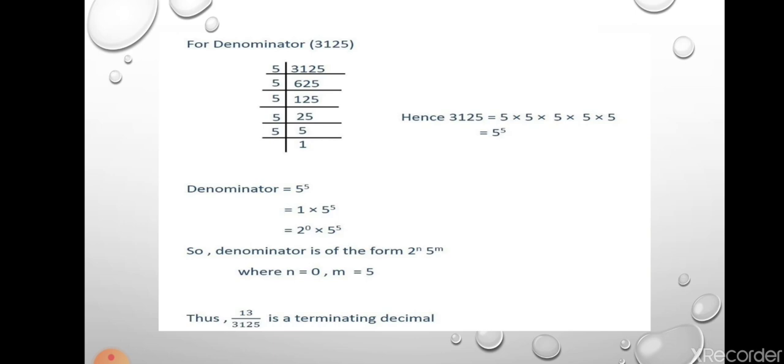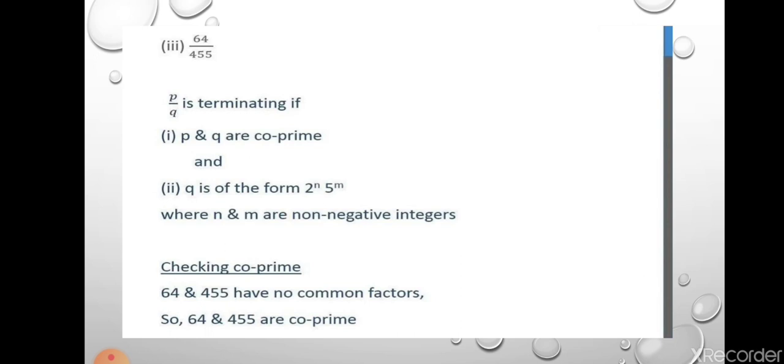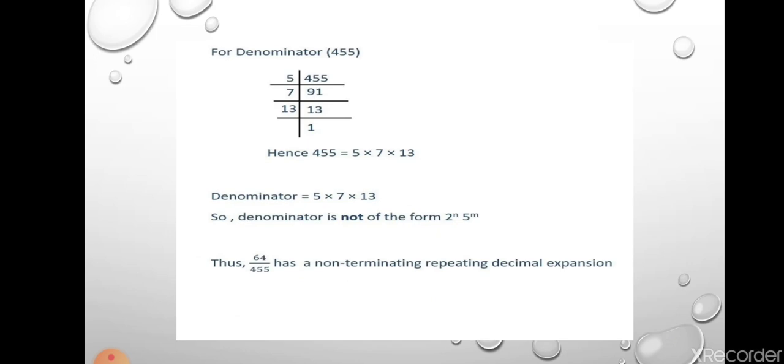Okay, now come to the second part. The second is 64 upon 455. Firstly, we check whether 64 and 455 are co-prime or not. 64 and 455 have no common factor other than 1, that means both numbers are co-prime. Then factorize 455.